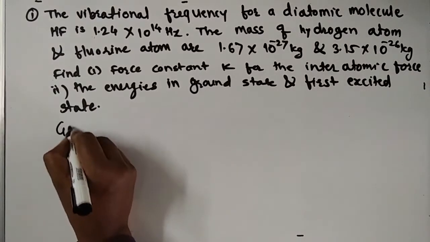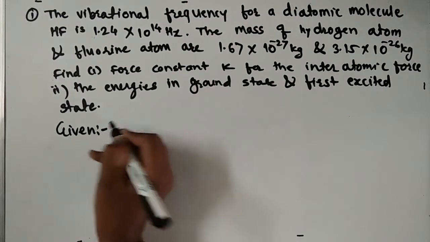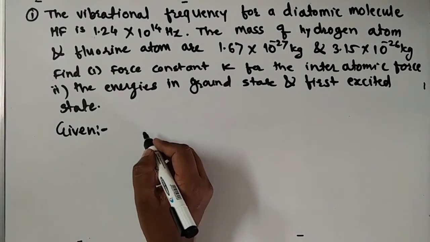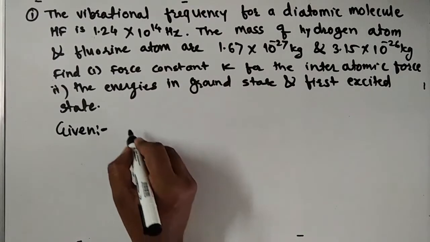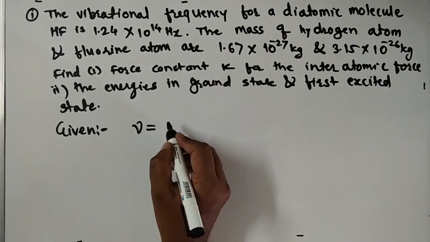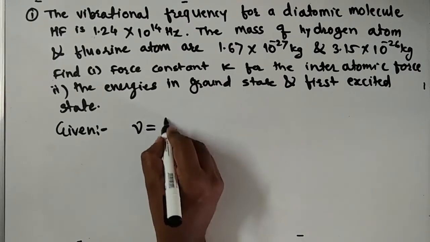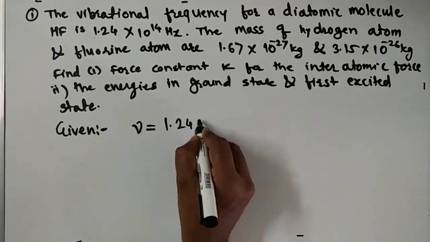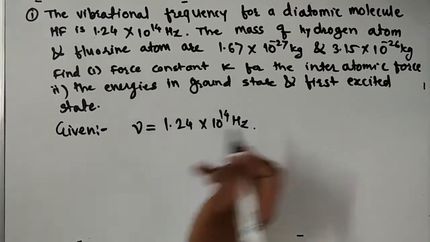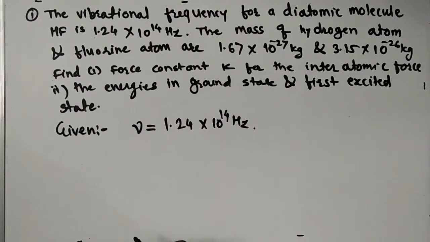First we will write what is given. The vibrational frequency of hydrogen fluoride molecule is given, right? Vibrational frequency is denoted by nu, and it is 1.24 into 10 raised to 14 Hertz. Then the masses of hydrogen atom and fluorine atom are also given, right?